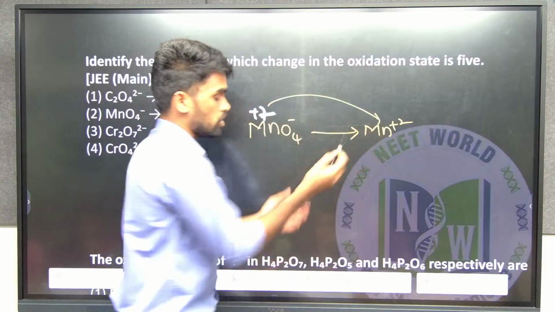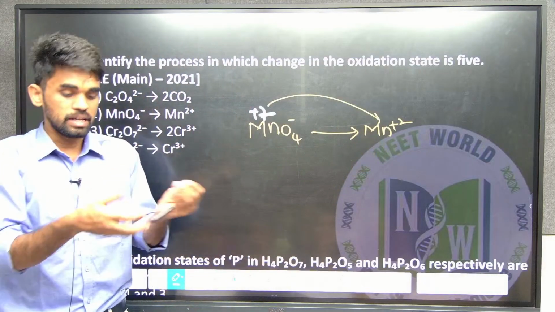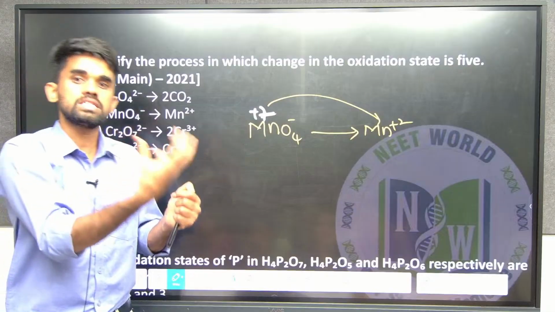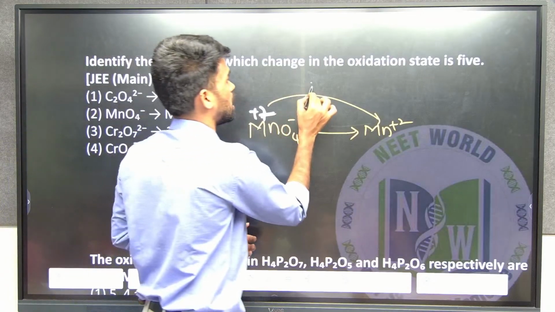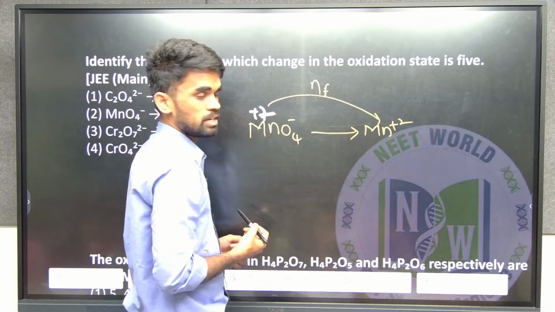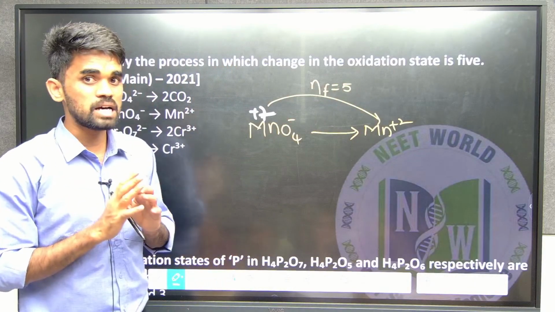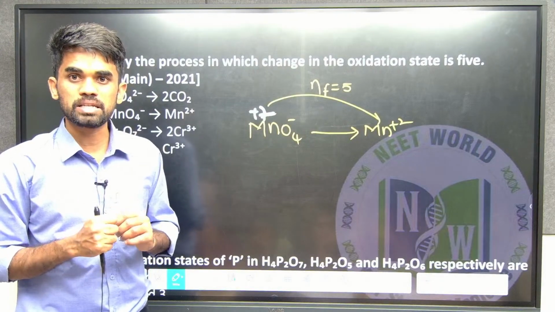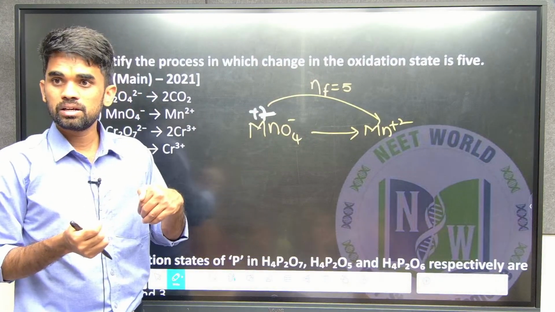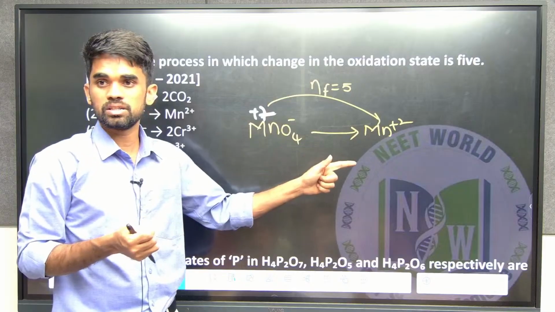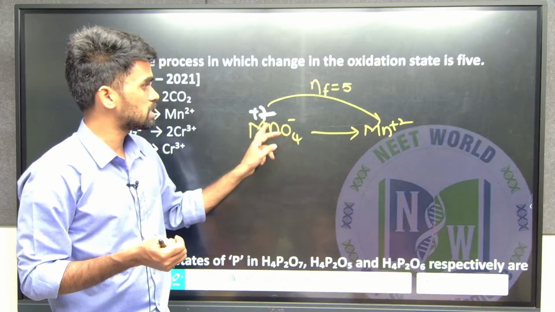During an oxidation or a reduction, the number of electrons gained or lost is called its N factor. What is this? N factor. So what is the N factor for this manganese? 5. I am not asking about oxidation states. What I am asking is the number of electrons gained or lost during a reaction. How many electrons are gained?